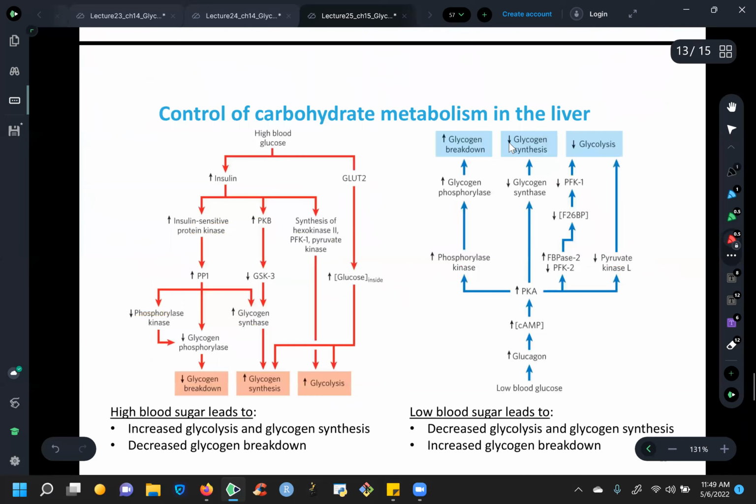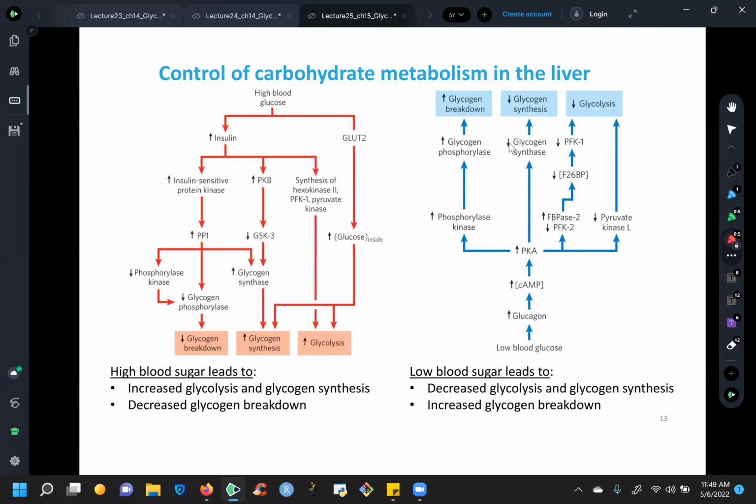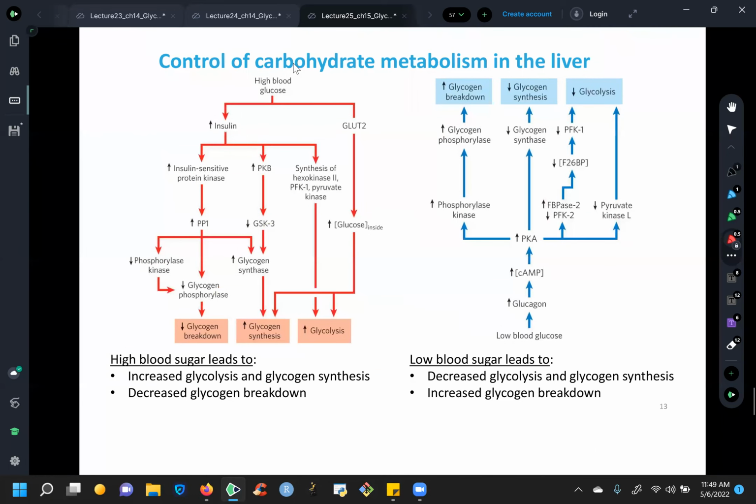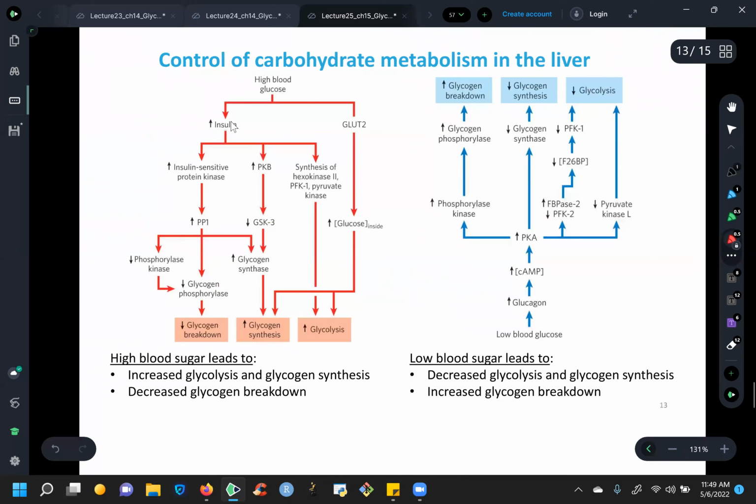Control of carbohydrate metabolism in the liver. So what happens when you have high blood glucose? Your insulin level increases. So your insulin sensitive protein kinase, you increase PKB, increase synthesis of hexokinase 2, phosphofructokinase 1, and pyruvate kinase. You also increase your GLUT2 receptors in the plasma membrane.